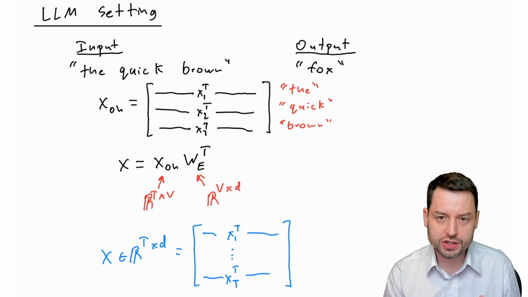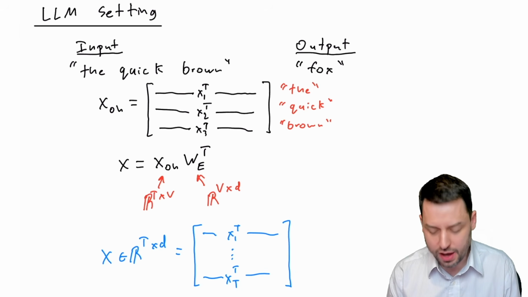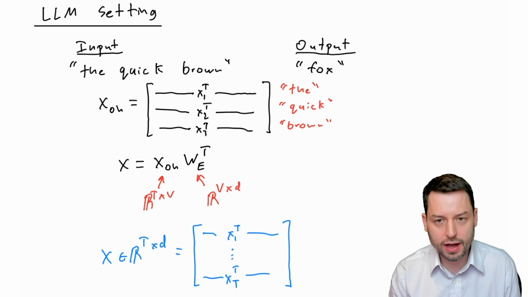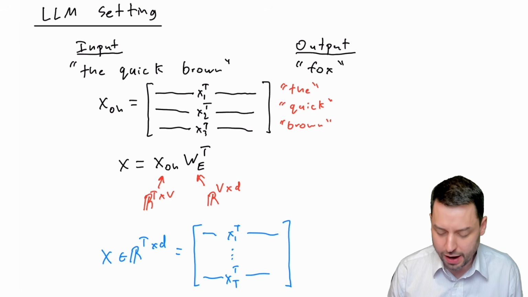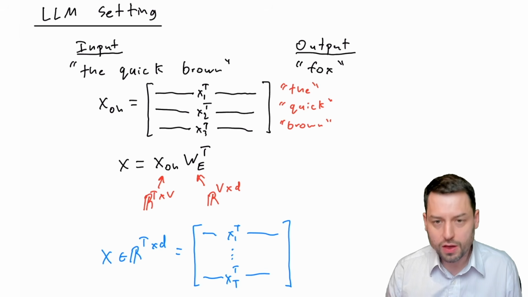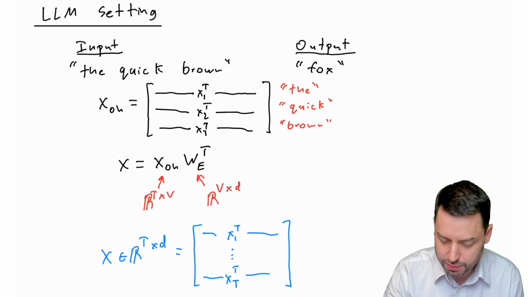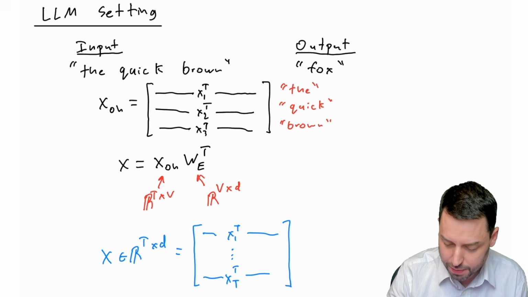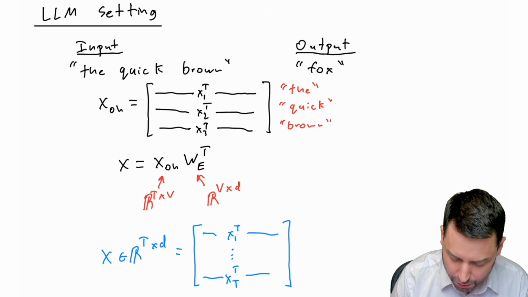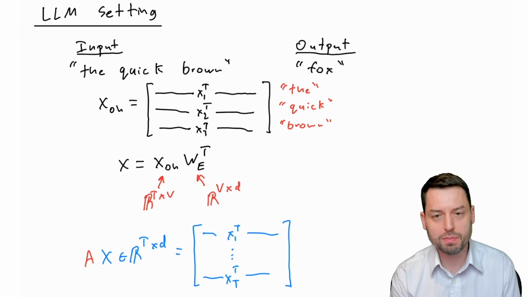Now, self-attention is a way of mixing together information across the different components, across the different rows of this matrix. Remember last time we talked about there being two core elements of these structured input models. There were left multiplications: we could multiply this matrix X on the left by a matrix A, and that would mix together different rows.